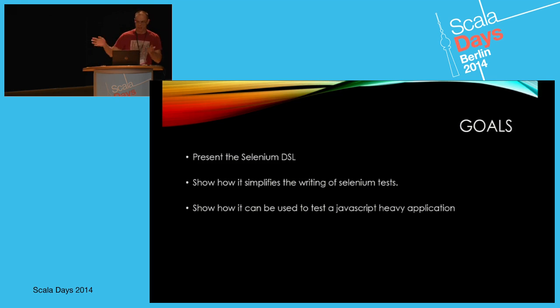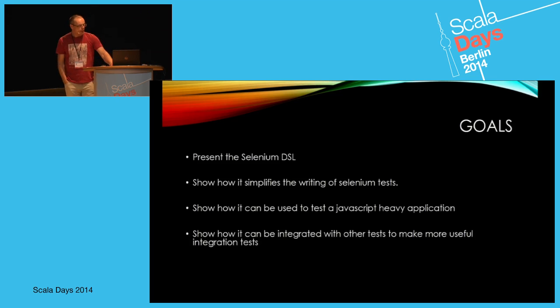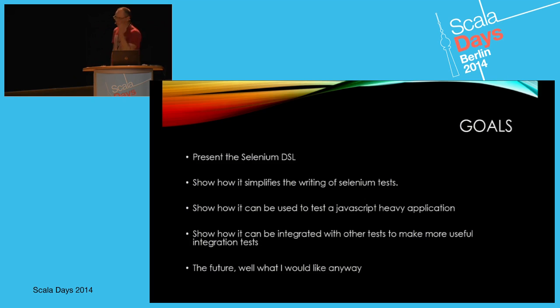We have a JavaScript-heavy application to show you, so that's good. Show how it can be used to make more useful tests or more extensive tests, because we don't just test HTML and websites at Nextthink, where I work. We test other things as well. And we'll finish off with a thing about the future.